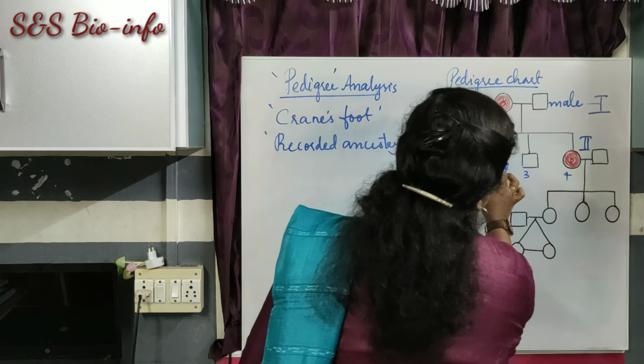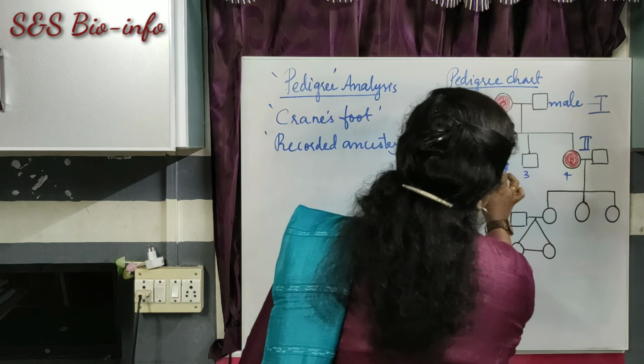How are these parents connected to these children? See, the parents are connected by a horizontal line. That horizontal line represents the normal mating of a family. Suppose this is a normal mating, so a normal female and a normal male. Mating can be represented by using a horizontal line between the male and the female.